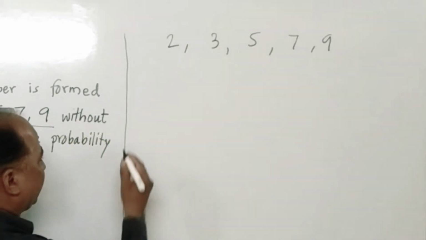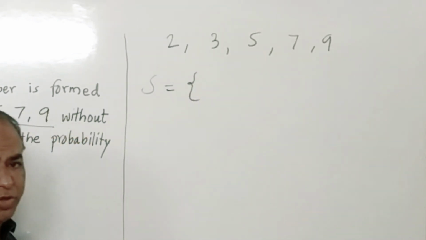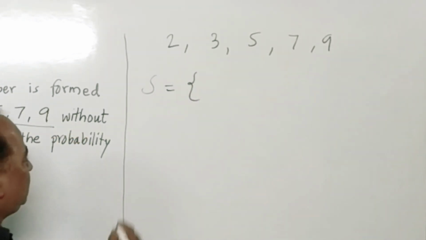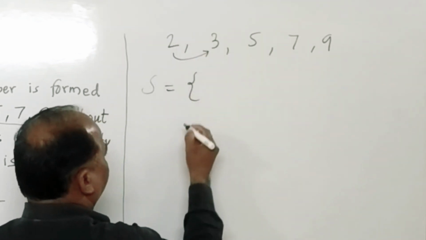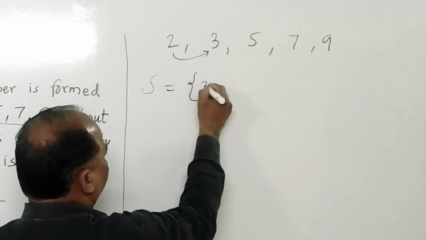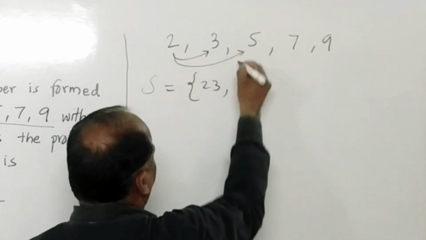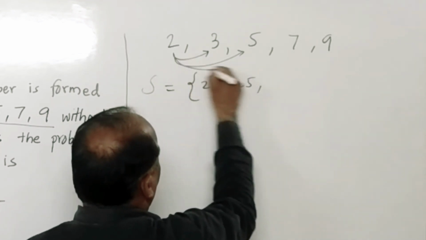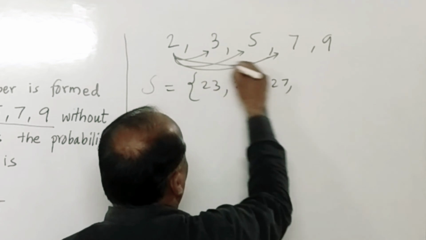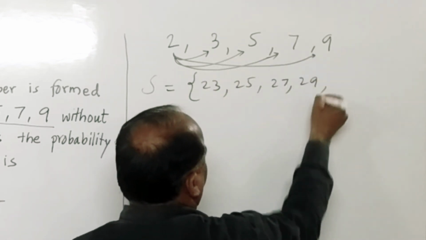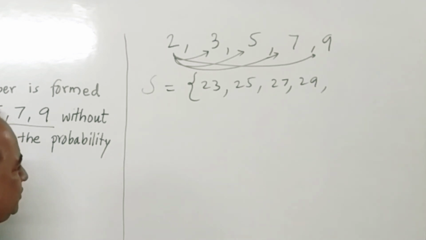The technique to write the sample space where there is no repetition: 2 will go with all the other digits, first 2, 3, then 2, 5, 2, 7 and 2, 9. So we group 2 with all the remaining digits.